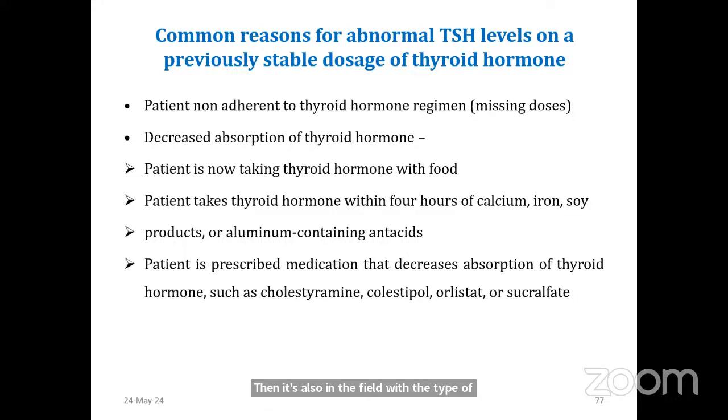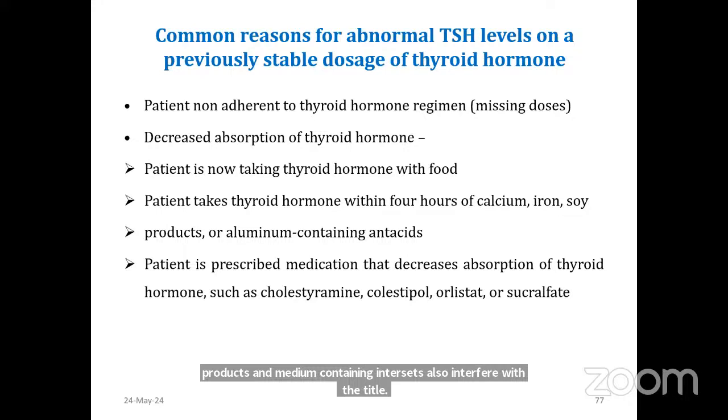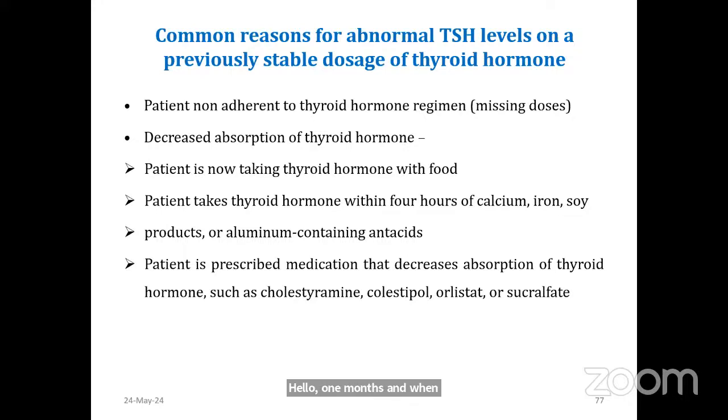Aluminium-containing antacids also interfere with the thyroid hormones. And when the patient is prescribed medication that decreases the absorption of thyroid hormones, such as cholestyramine, orlistat, and sucralfate, they also decrease the efficacy of levothyroxine.